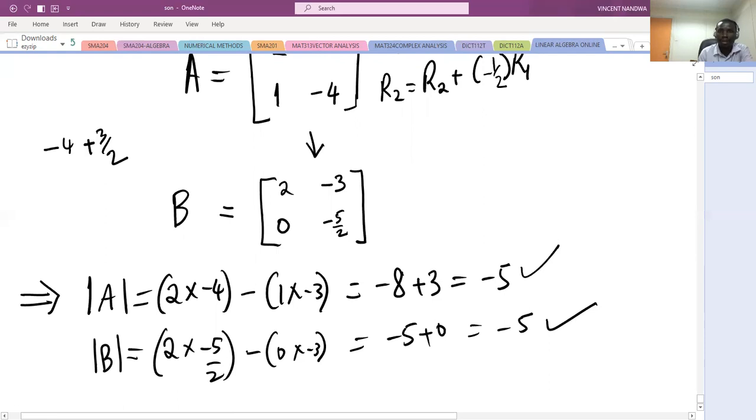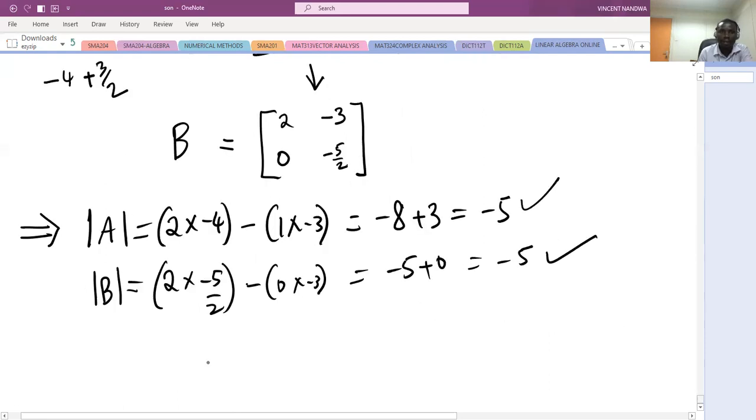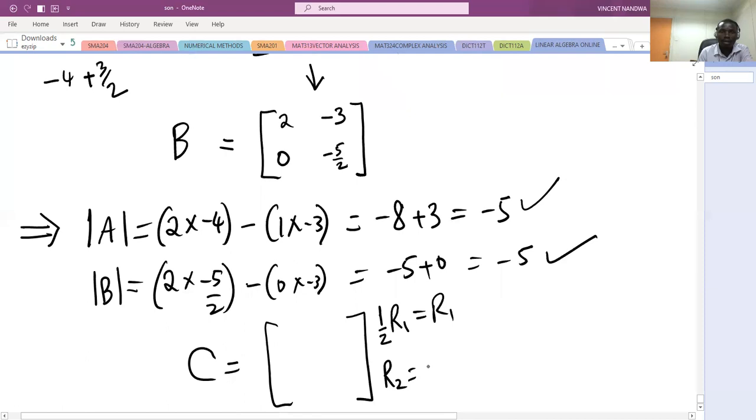And even if I obtain another matrix C by saying I keep row 1 and take row 2 to be negative 2 over 5 of row 2, then C will have 1, minus 3 over 2 in the first row, and then 0 and 1.